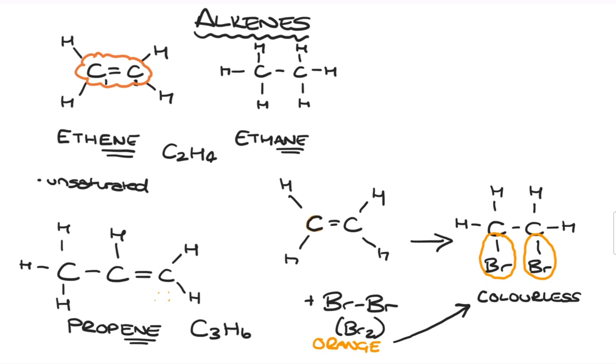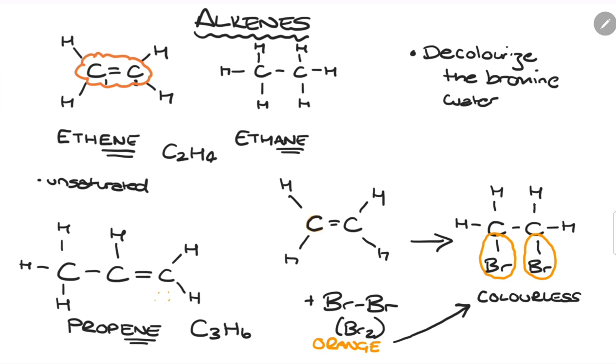And so if we have a double bond and we add bromine water to it, what it is said to do is decolorize the bromine water. And if we see decolorization of bromine water from orange to colourless, we know we have a positive test for the presence of a double bond.